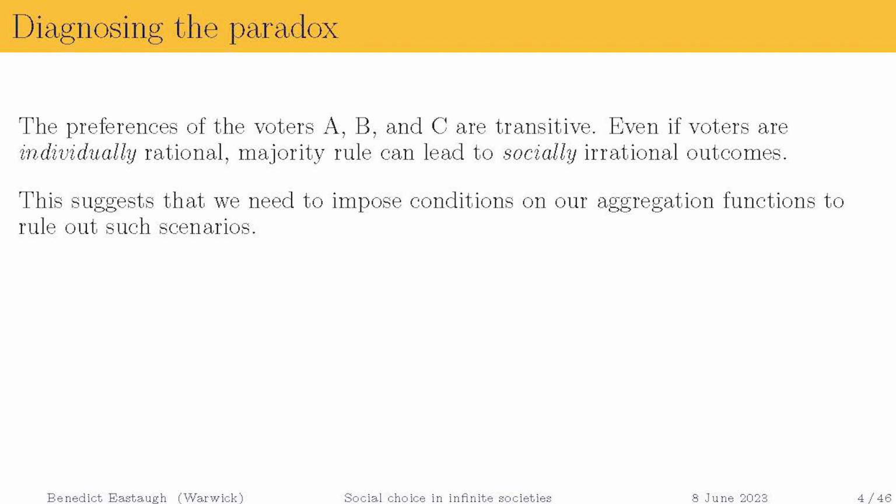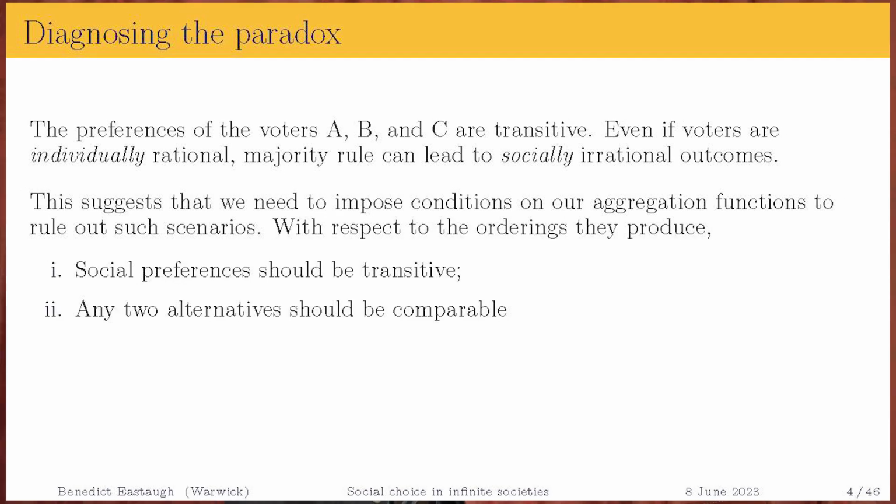So for example, we want our social preference ordering to be transitive. And we also want that any two alternatives should be comparable. We might not have a preference between them, but they should be comparable.